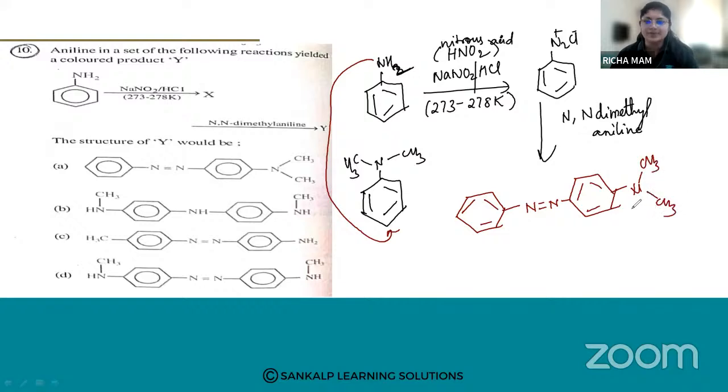So this is the compound. Which is it? Option number A. Yes, Tasmiya, Vedvati and Komala have answered it as A. Very good. Okay, so this is the answer.